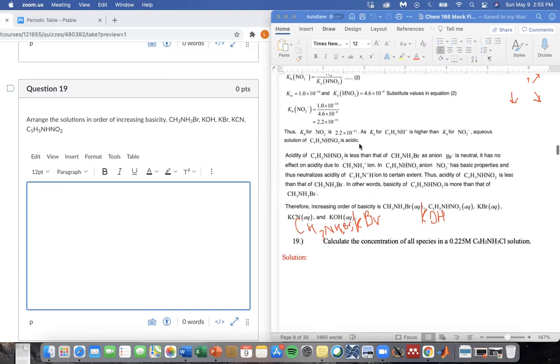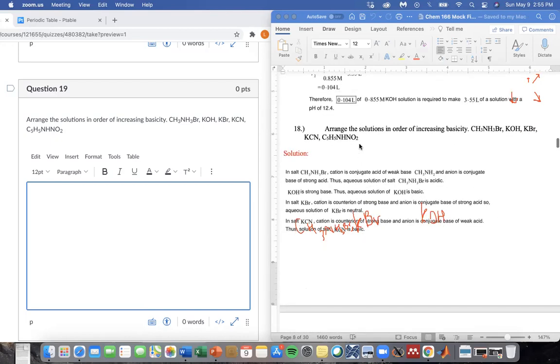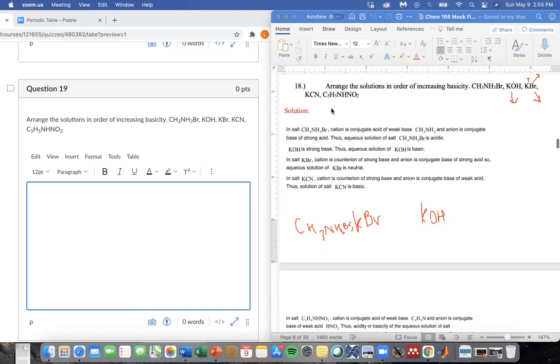Okay, so this solution has you do the full calculation for the basicity of it, like for how much it'll dissolve.